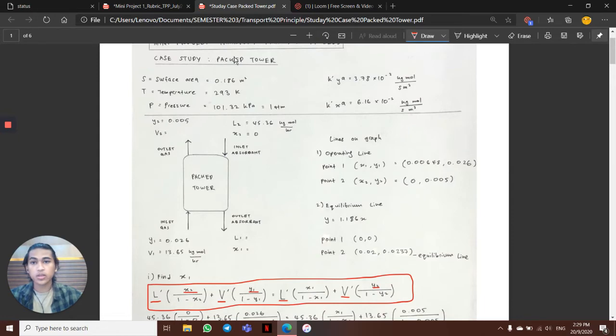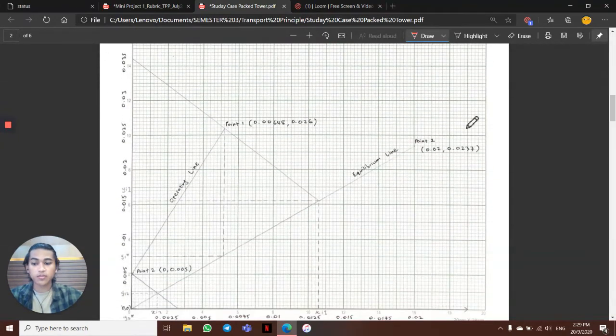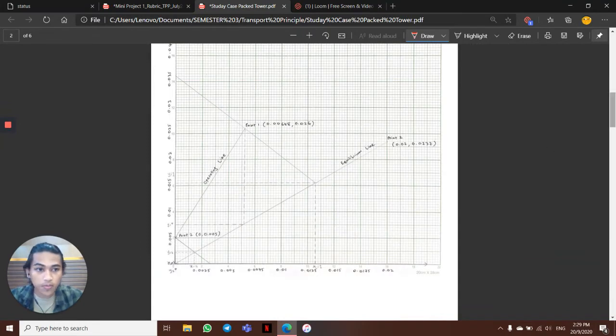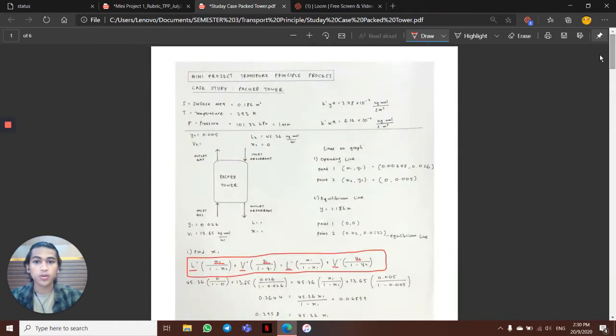So as you can see from this graph, I will zoom out. As you can see from this graph, we must plot 2 points to find the operating line. We got the first point, X 0.00648 from the calculation that we did just now, and Y is 0.026, which is from the question.